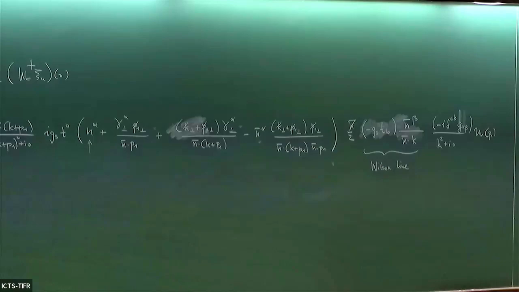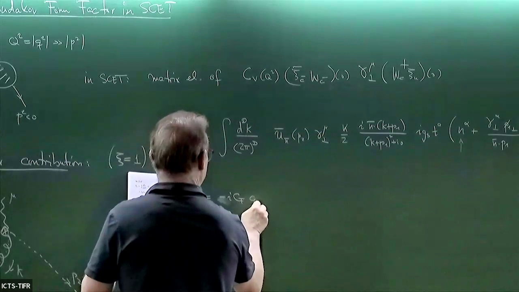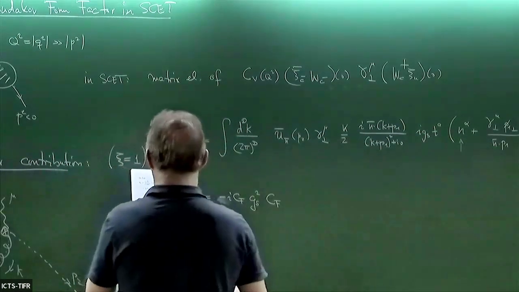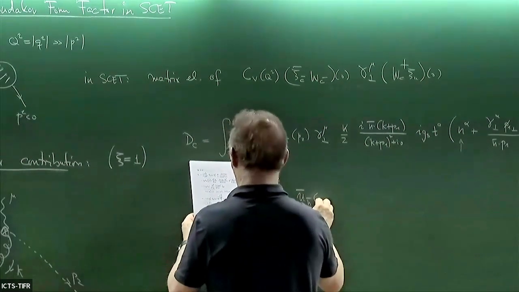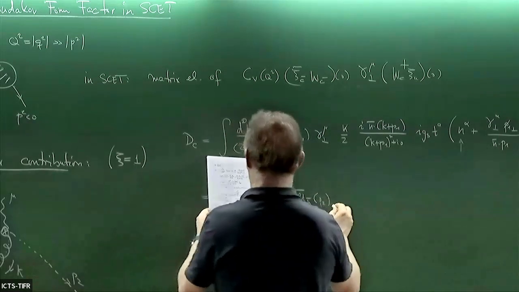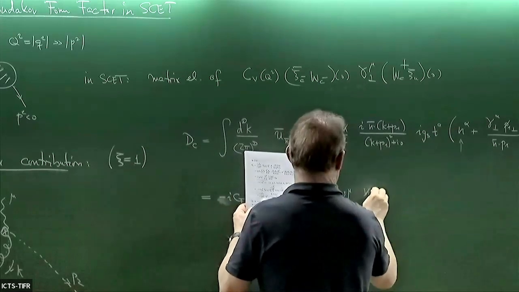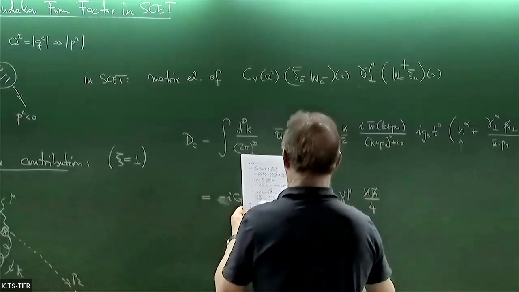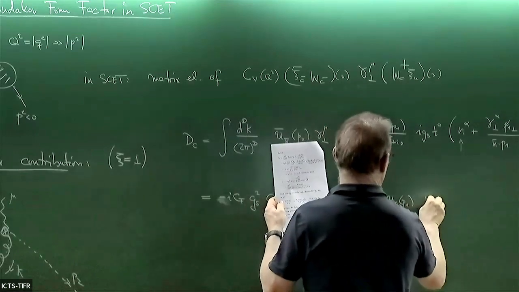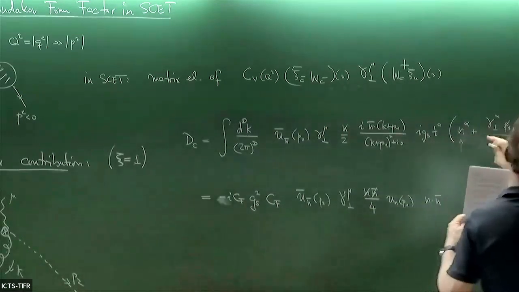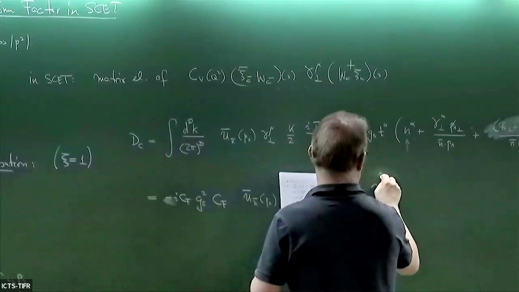When the dust settles, you get minus i C_F, two powers of the coupling, the color factor is C_F. We get a U n bar of p2. The Dirac structure that survives is gamma mu perp, and then n slash n bar slash over 4 times U n of p1. Then we get an n dot n bar from the contraction of this with this, and n dot n bar was simply 2.